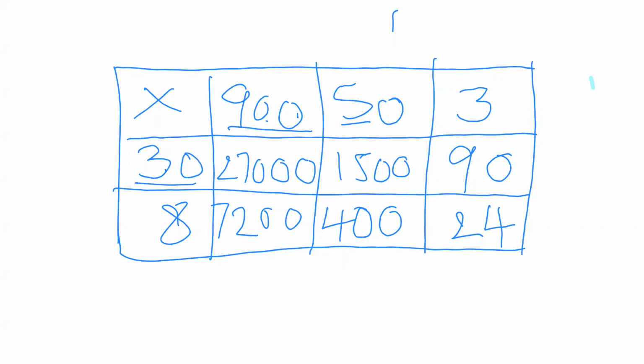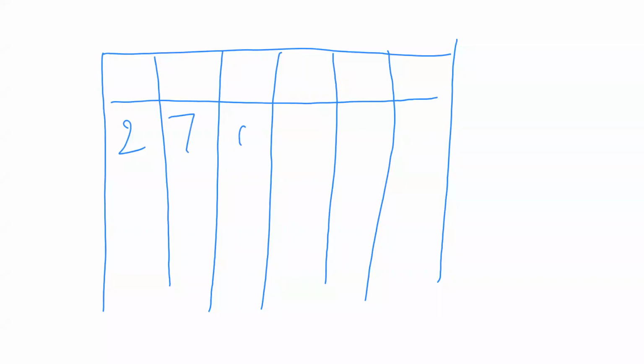Now we are going to add the answers which we have received after multiplying. So for which we are going to write whatever answers we have received. So first we have received 27,000.